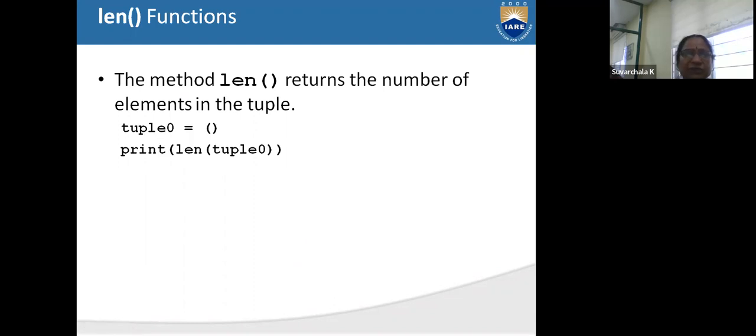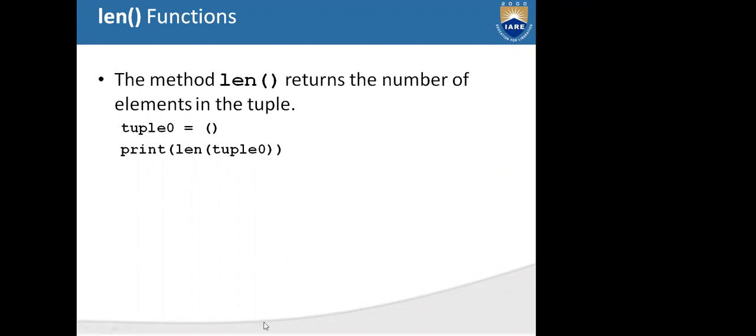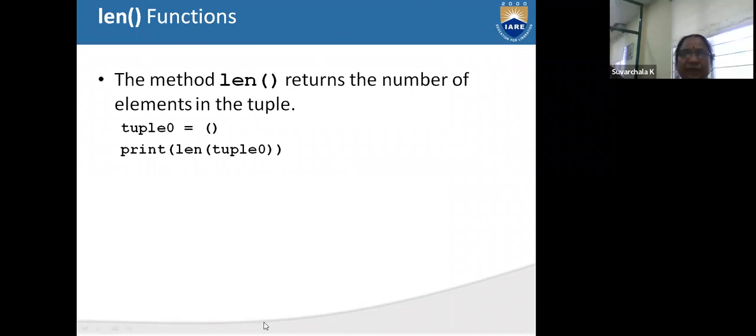And the length function, we have used this length function in various for loops while discussing tuples. The len method is used to find the size of the list, and that size is used while using the for loop.